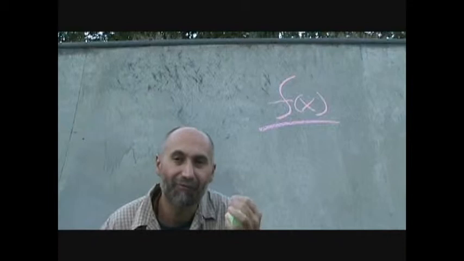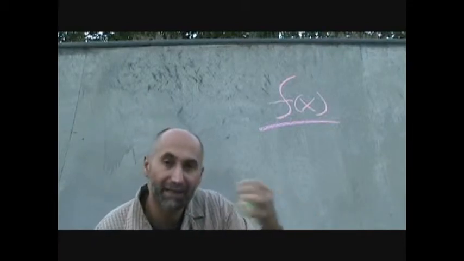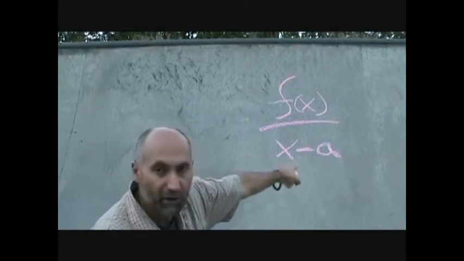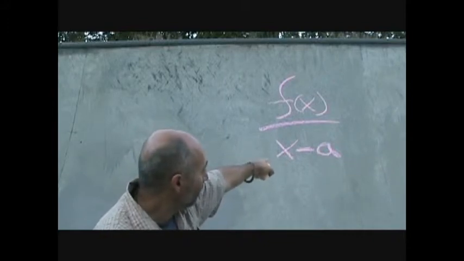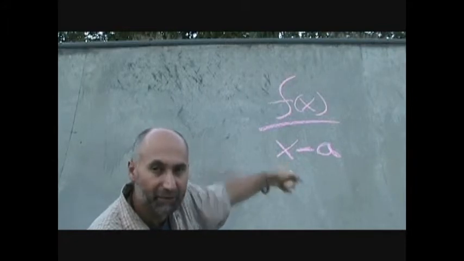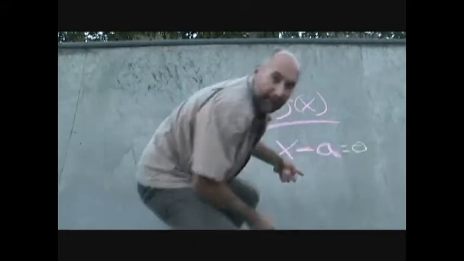So what we're going to focus on for synthetic division is division of the following form, where the denominator is just x minus a, and a is a constant. This is what we're going to use synthetic division for. If you recall, all this means, if you have x minus a in the denominator, is you set that equal to 0 and bring the a over.